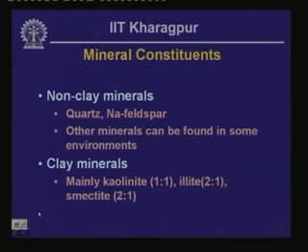All right. So the mineral constituents of soil could be clay minerals or non-clay minerals, and the most abundant non-clay minerals include quartz and sodium feldspar, whereas the most abundant clay minerals include kaolinite, illite and smectite.